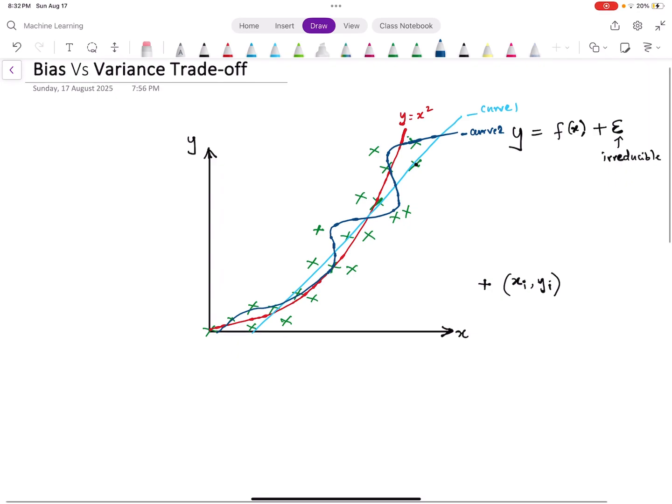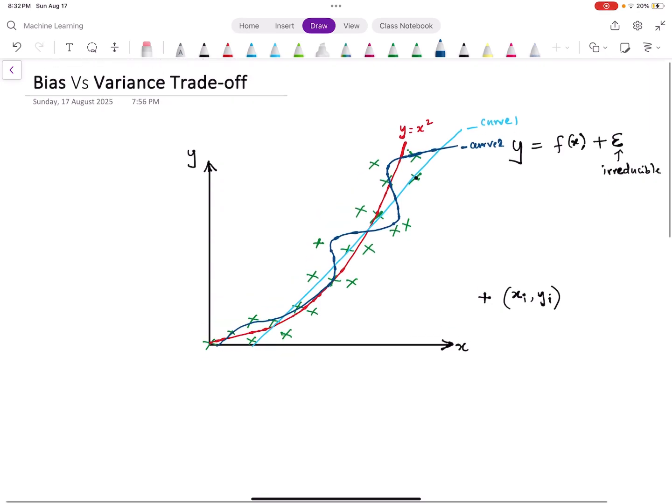Here, as we can see, curve 1 is basically the simplest form of the explanation. It is inflexible and has a lesser number of degrees of freedom in trying to fit this data.